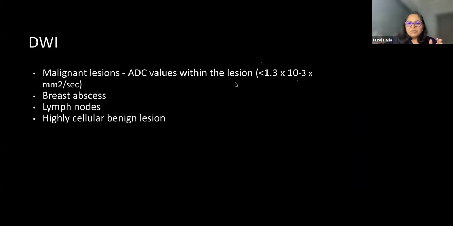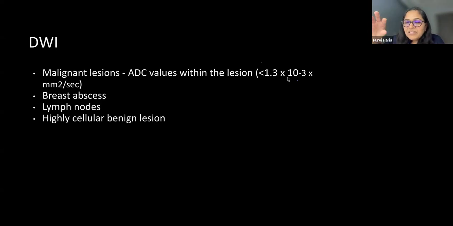We also measure the ADC value: on the ADC maps that we saw, we put an ROI over the lesion and measure the value. The ADC value for normal breast is more than 1.5 times 10 raised to minus 3 millimeters squared per second. That's the unit used. This is normal. Anything less than 1.3 is suspicious.